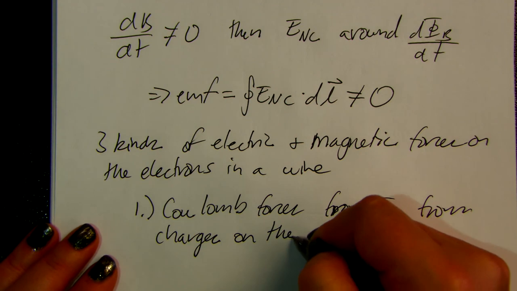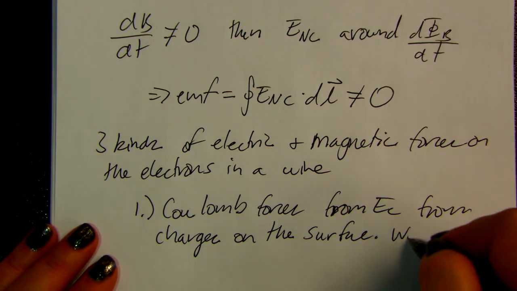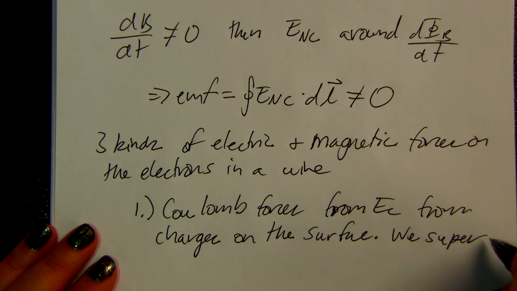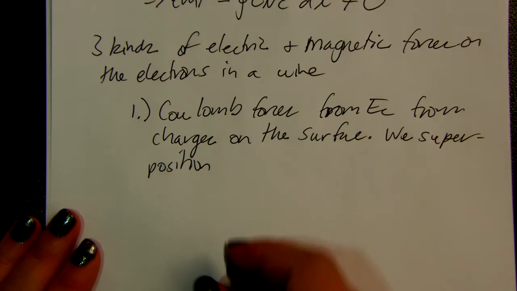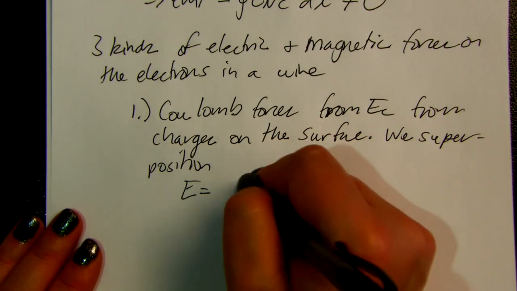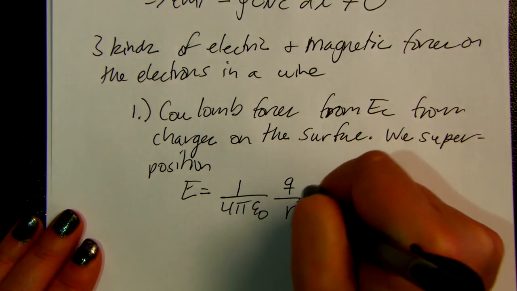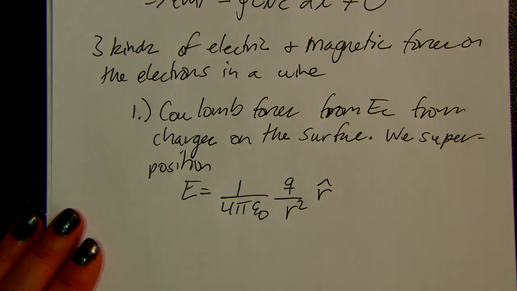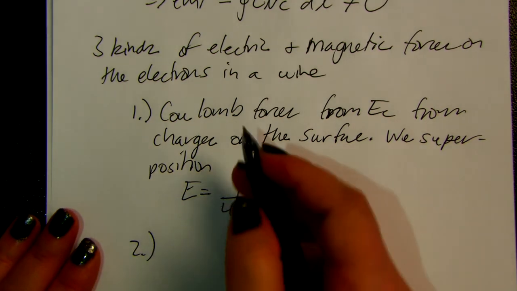All about chapter 18. And we get superposition: E is equal to 1 over 4 pi epsilon naught times Q over r squared times r hat. So basically everything we did earlier on in Physics 2.